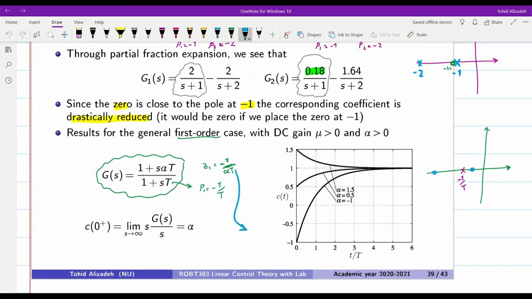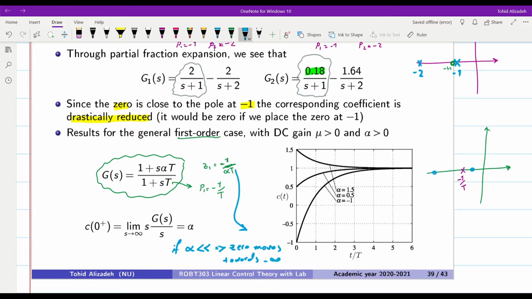Maybe I can write it over here. If alpha becomes too small, then the zero moves towards -infinity. And vice versa.